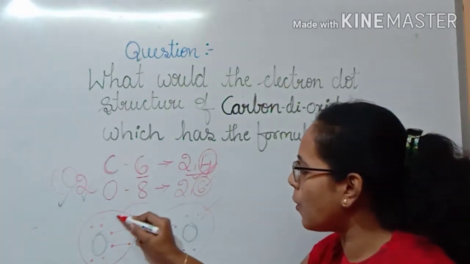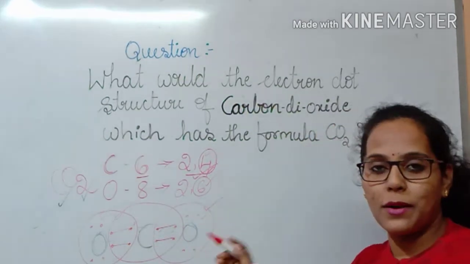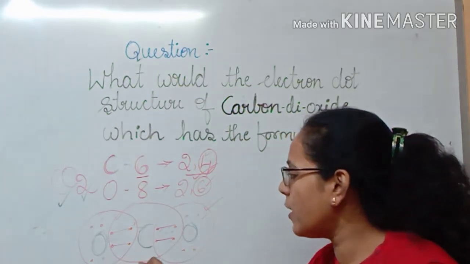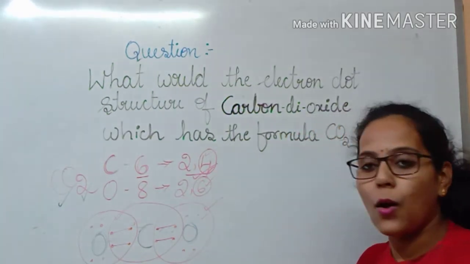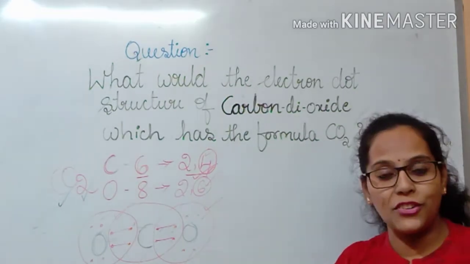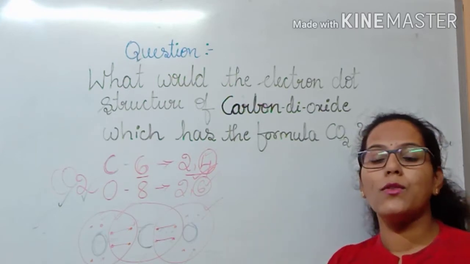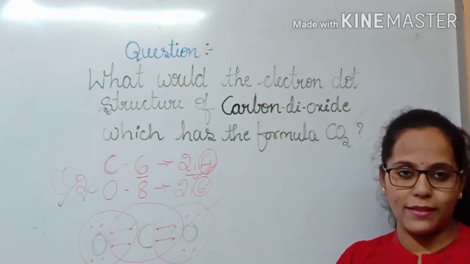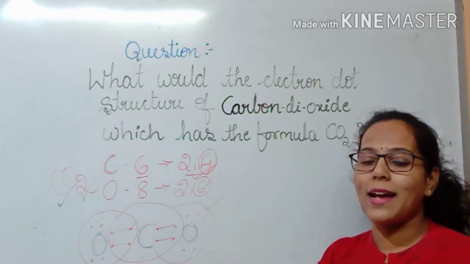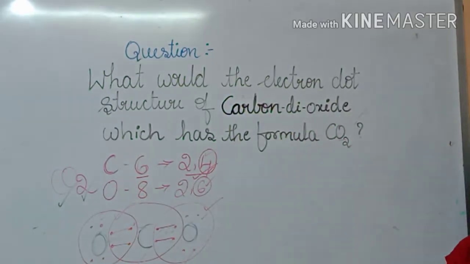Now carbon also got 8 valence electrons. So all the 3 atoms present in this carbon dioxide molecule, that is oxygen, carbon and another oxygen atom, obtain the noble gas configuration. They have a feeling that they have 8 electrons on the surface of their orbit. That feeling gives them the noble gas configuration. So this is how we write the electron dot structure for carbon dioxide.